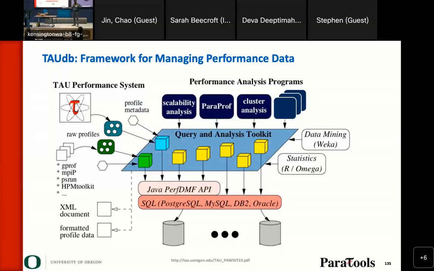TauDB will translate the request down to the SQL based on the backend that is selected, and it will be able to provide the results. So we have PerfExplorer and ParaProf, both these tools that provide access to TauDB. What we will see now is how to use this with the PPK files that we already generate.